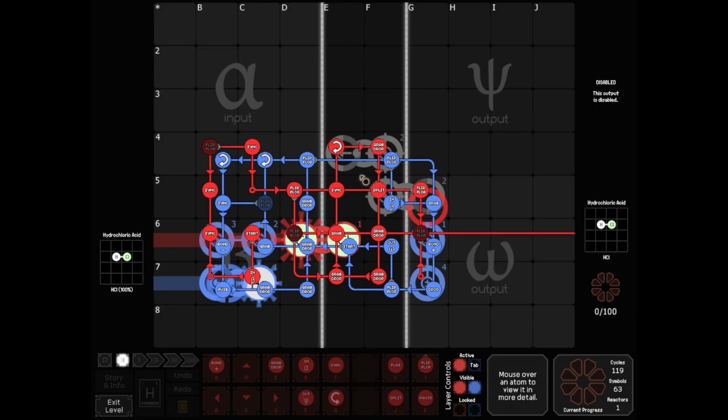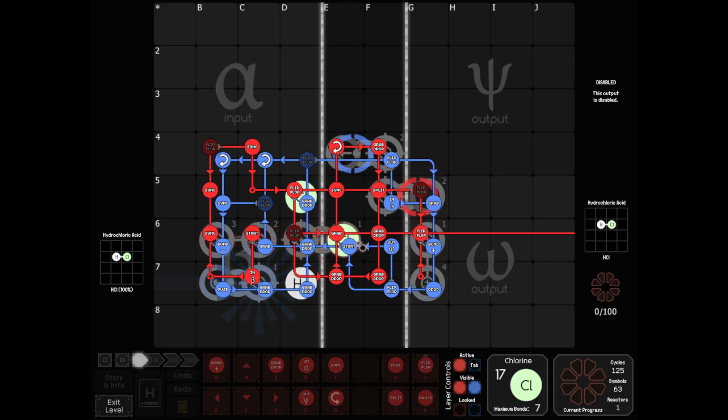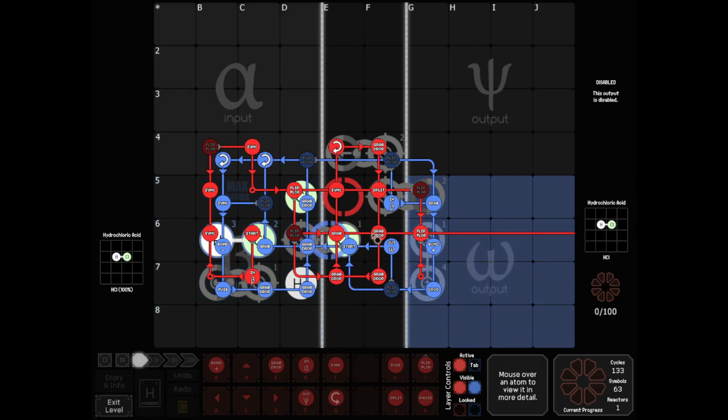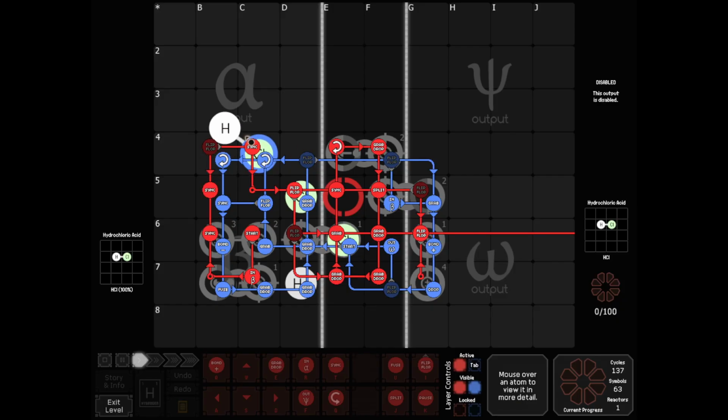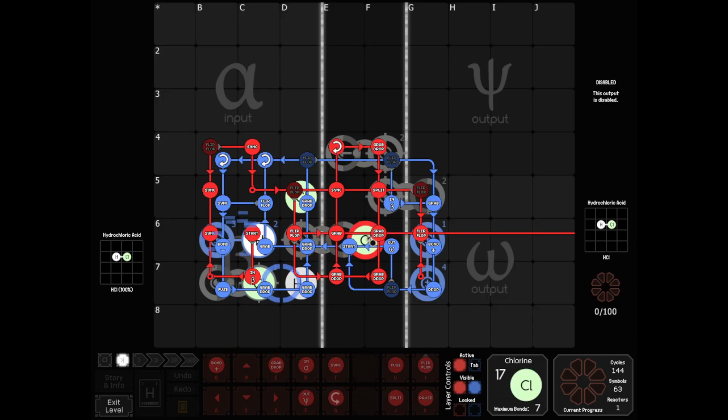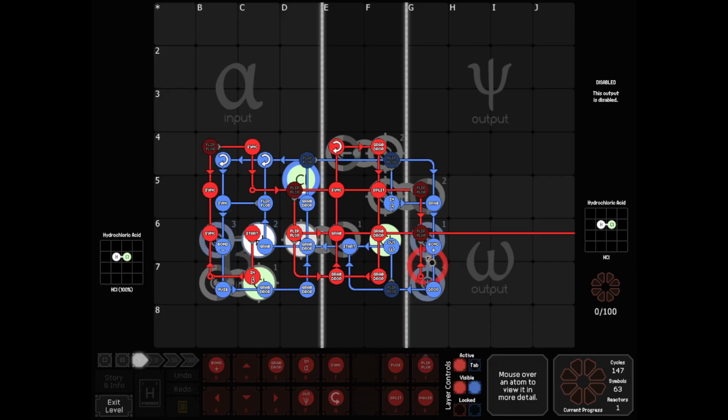Meanwhile, red has finally seen enough sinks and is starting to do something, such as hitting the split right here to split the chlorines again. And yeah, blue continues doing what it's been doing all this time. Red grabs this chlorine.